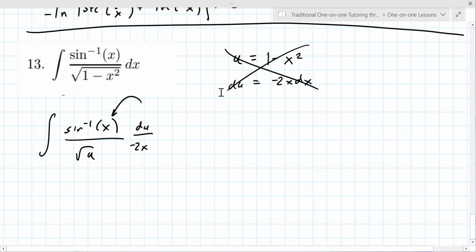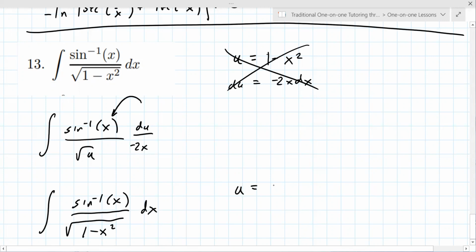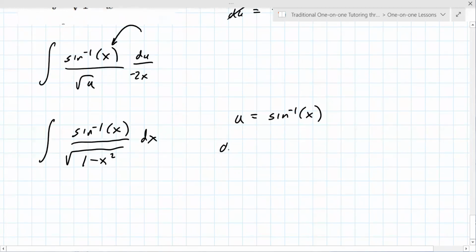This is one of those really non-obvious ones, but the correct answer is that the derivative has to be in there. So if u is sine inverse of x, which I don't know how you would know until you've done a few of these, the derivative of arcsine is one over square root of 1 minus x squared dx. And see how that's in here.